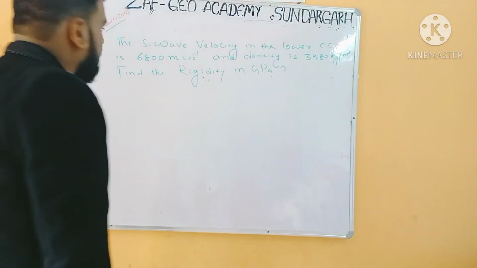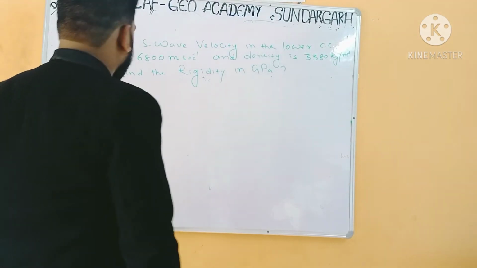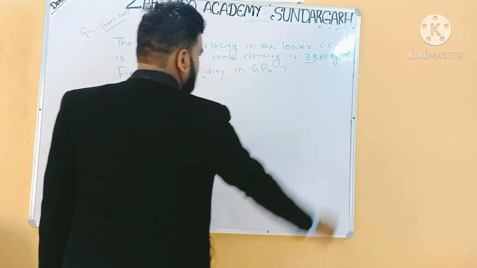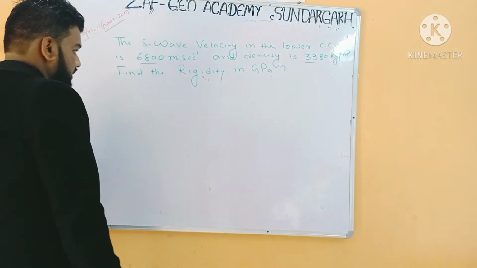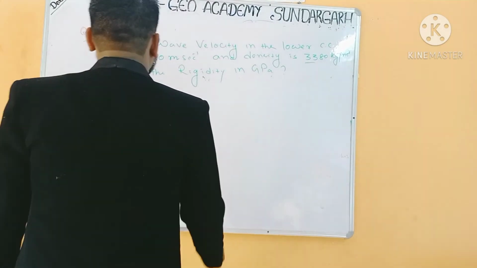Here is another numerical question for you. The S wave velocity in the lower continental crust is 6800 meters per second, and the density is 3380 kg per meter cube. Find the rigidity in gigapascals.